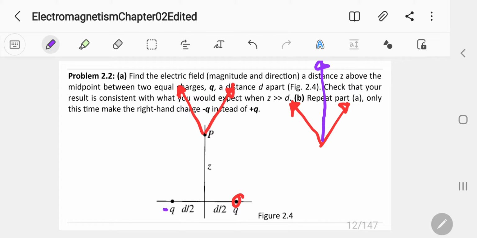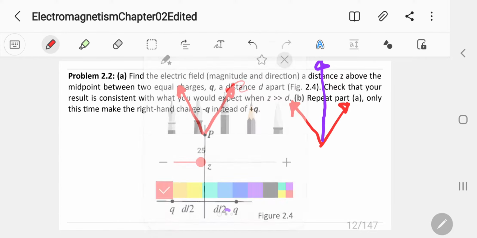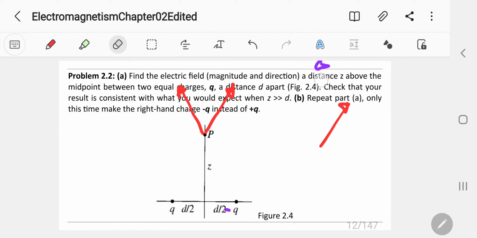If this is negative instead of positive, then the field would be going here, because the direction of the electric field would now be opposite because of the negative sign.